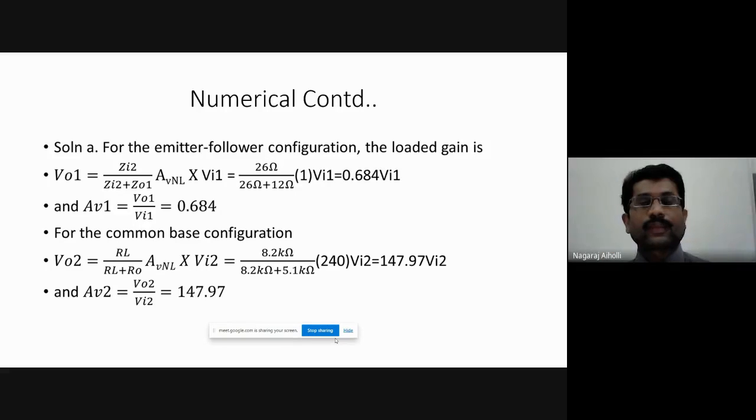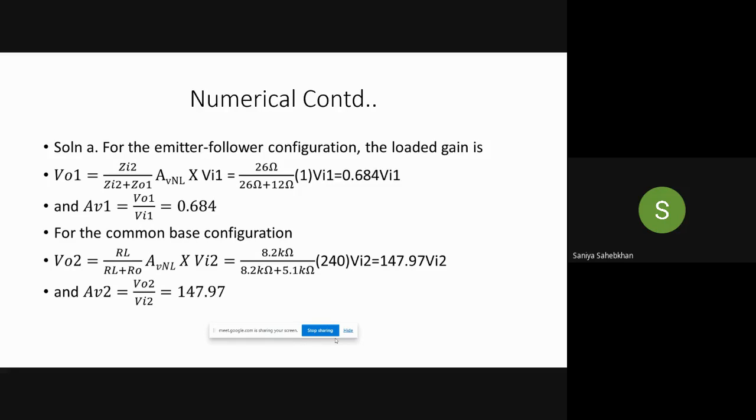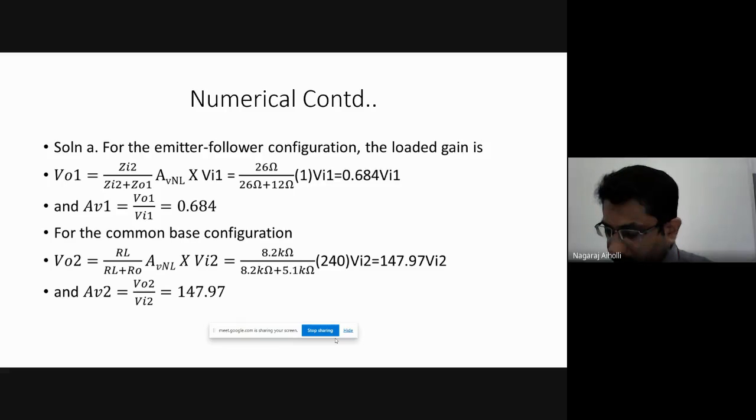Sania? Yes, sir. Clear. Any problem in understanding? Any questions? No, sir. Understood, sir. Fine. Shiraj Mujawar?